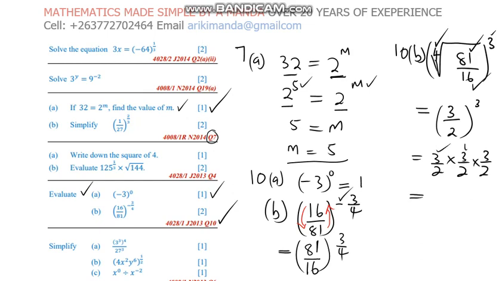And 3 times 3 times 3, we get 27, over 2 times 2 times 2, we get an 8, right? Then 27 divided by 8, we get a 3 remainder 3 over 8. This is the final answer that was expected by the examiner.